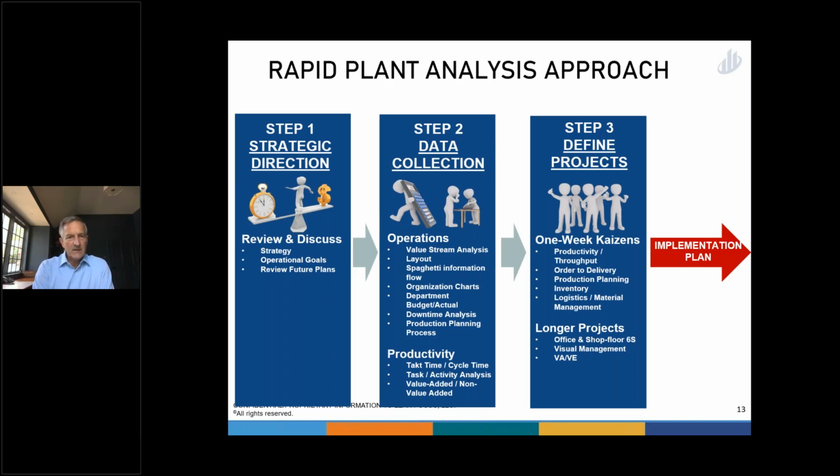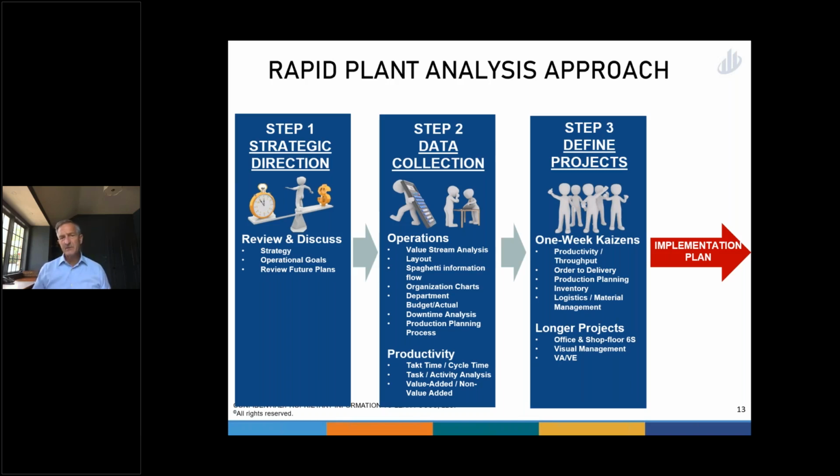And this is really done in a team environment, a Kaizen kind of atmosphere, so that your team is learning how to do each of these analytical exercises as we go through the plant.